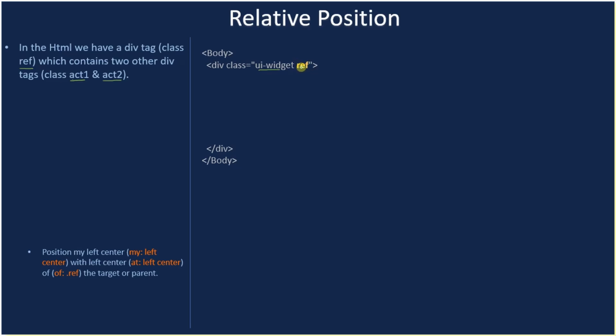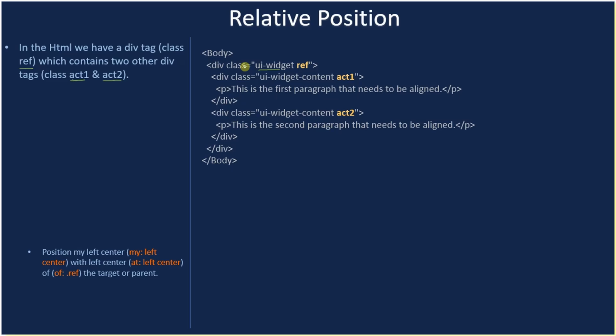This ref we defined ourselves, right? This is the parent div, and inside that we have two div tags, act1 and act2. And what we want to do is align act1 and act2 inside this parent ref.